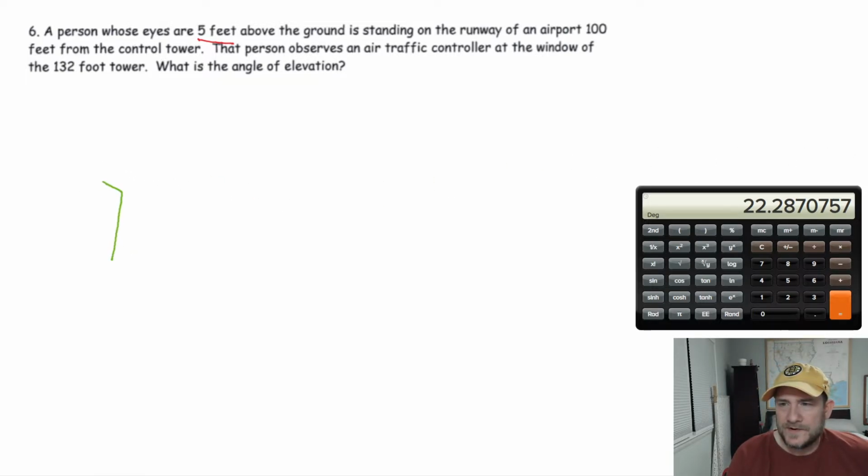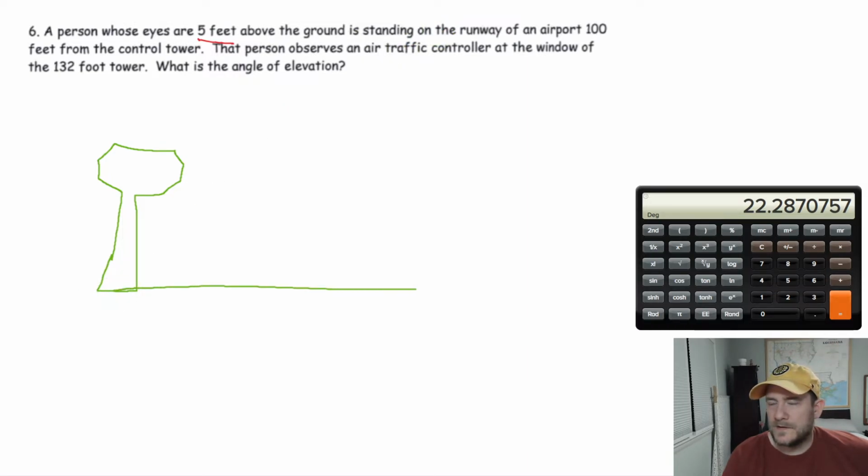So air traffic control tower looks something like this. It says a person whose eyes are 5 feet above the ground is standing. The tower is 132.